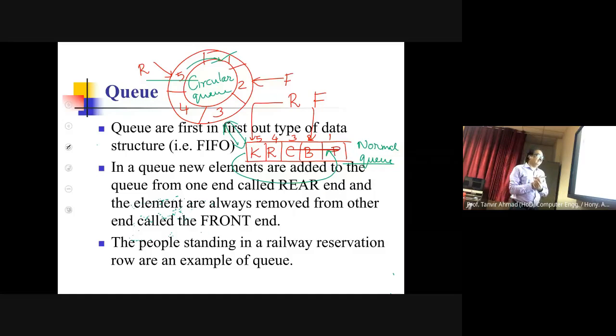Whenever I talk about a queue, it will always be a circular queue. Therefore, whenever I talk about queue, you always think of it as a circular queue, and a normal queue will never exist anymore. In all my classes, whenever I talk about queue, you think of it as a circular queue.